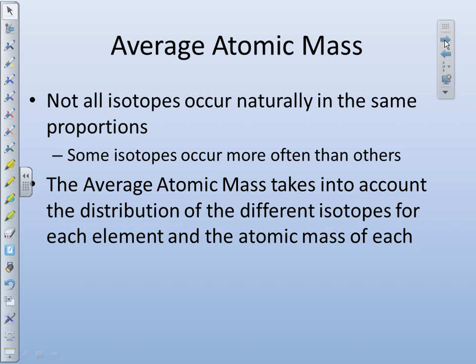It's not an atomic mass, it's an average atomic mass. It takes into account the atomic mass of each of the individual isotopes, but also how often they occur, or what we refer to as the relative abundance of those isotopes.